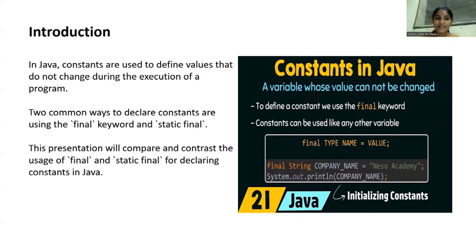So in Java, constants are used to define values that do not change during the execution of the program. The constants we declare will not be changed throughout the program. For that variable, the value is assigned the same for the complete program.